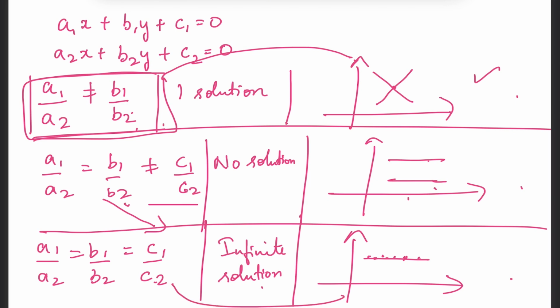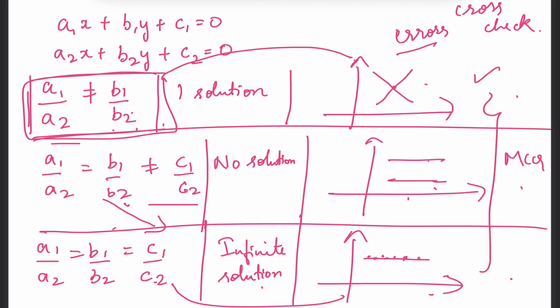So, before plotting the graph, you will have an idea about how the graph will come. So this trick will help you to avoid errors when plotting the graph, as well as help you in solving MCQs.